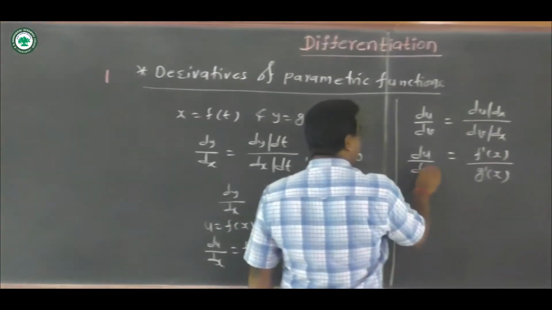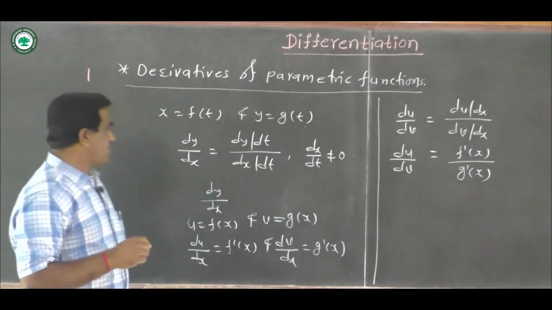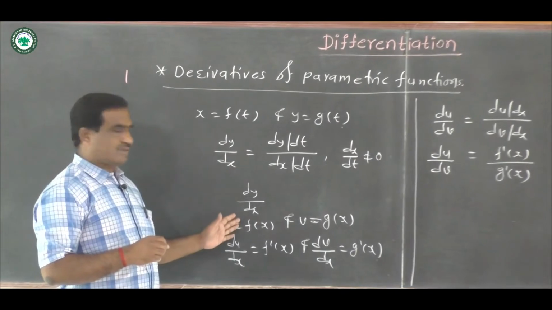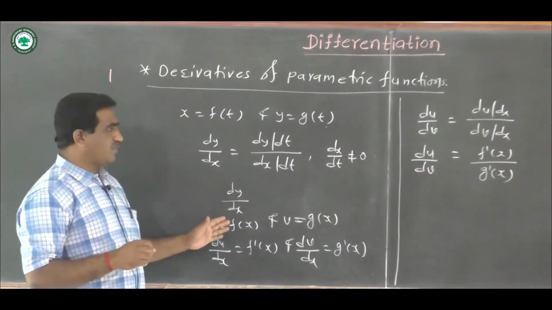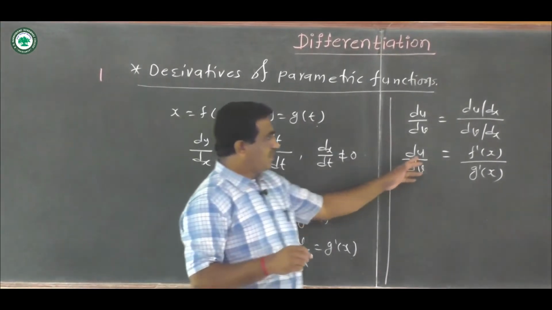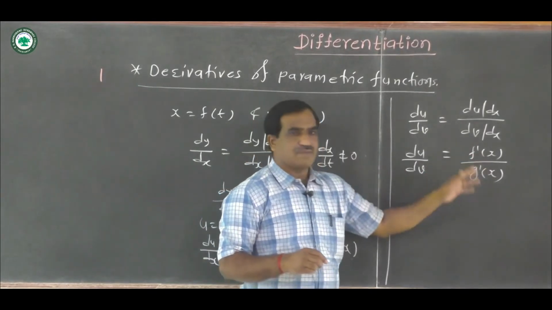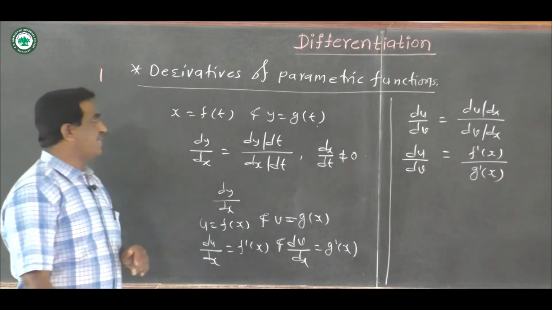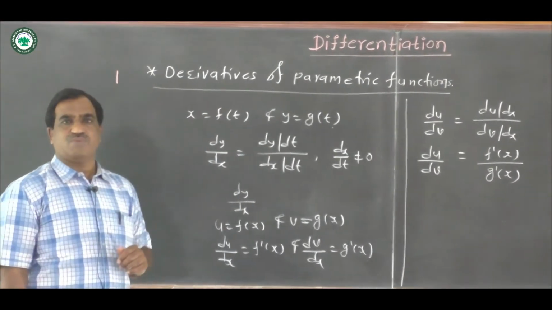Okay, using these two rules, the parametric rule and differentiation of one function with respect to another function, that is du by dv equal to f dash of x upon g dash of x, we can find the derivatives of parametric functions.